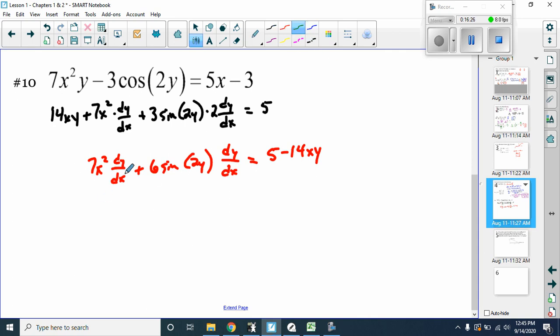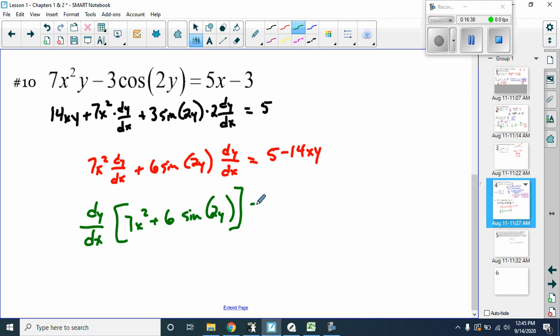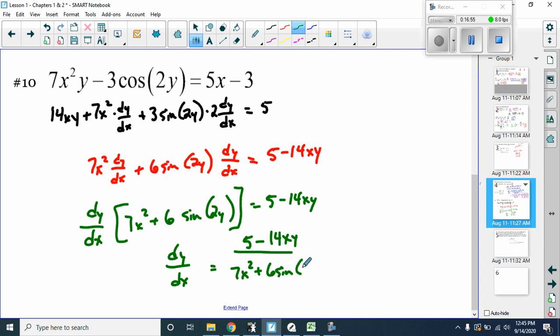And I do that so then I can factor out this dy/dx, and then divide by whatever's right here. So dy/dx is equal to 5 minus 14xy over 7x squared plus 6 sine 2y.